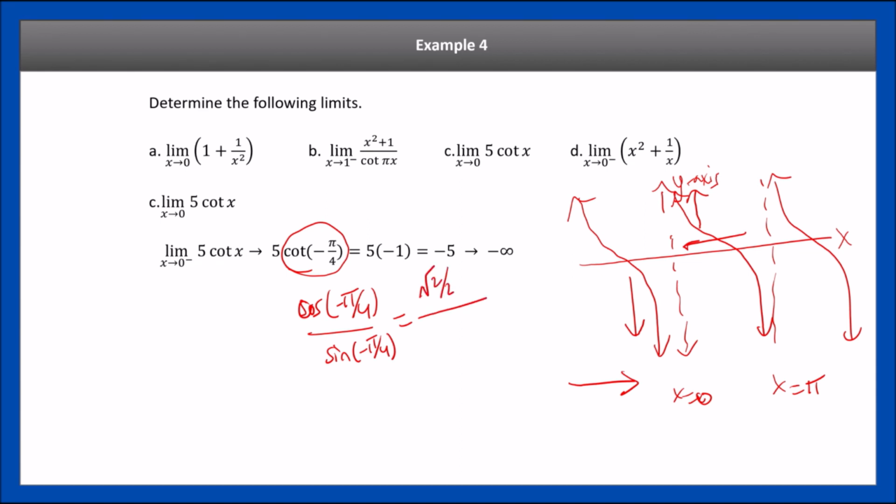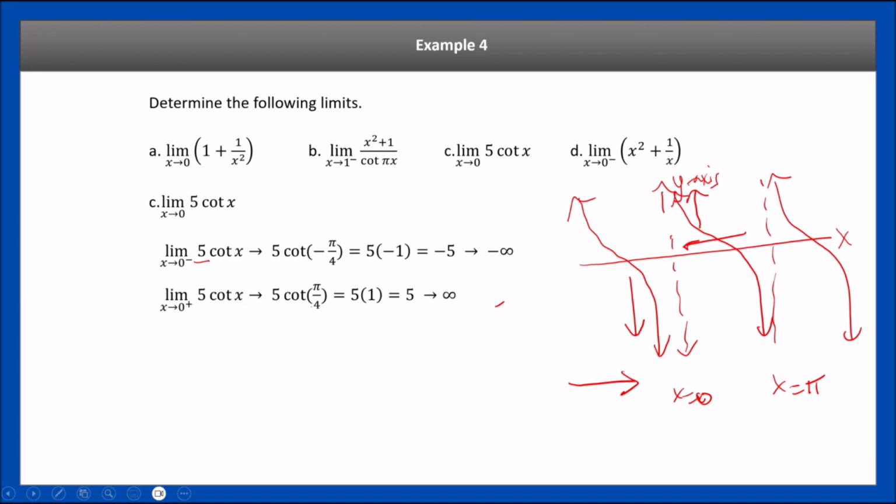My bad. And the sine of -pi/4 is negative square root of 2 over 2. You can use your unit circle, or you can plug it in the calculator. If you divide them, you get negative 1, and then negative 1 times 5 is negative 5. So we get negative infinity. It's just showing you a little bit of the work that goes in when you plug it in.